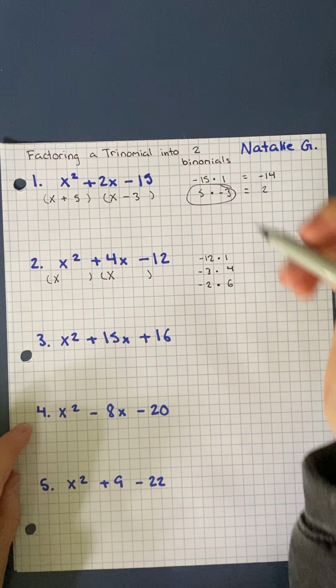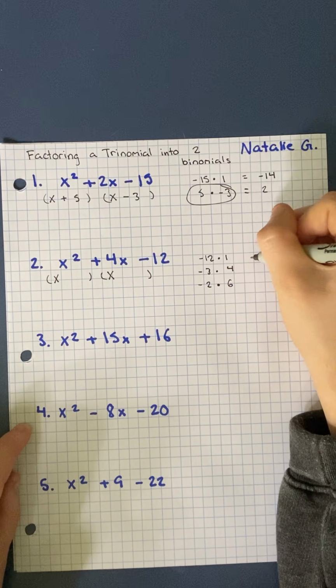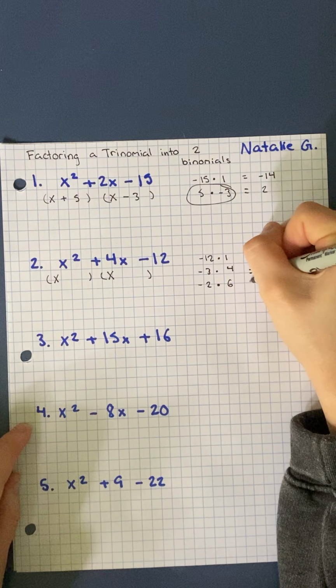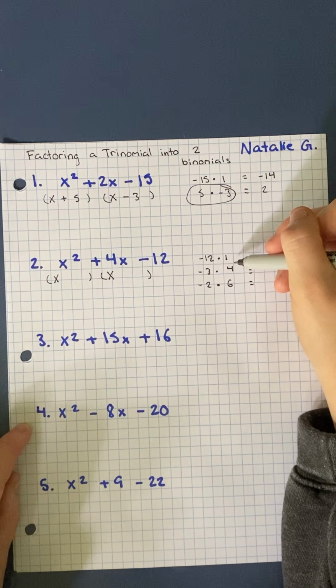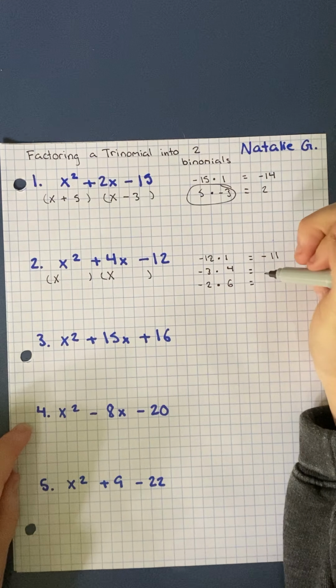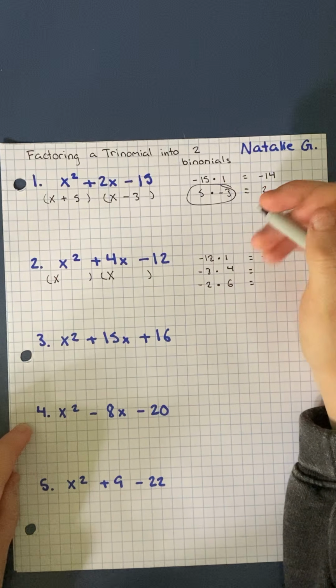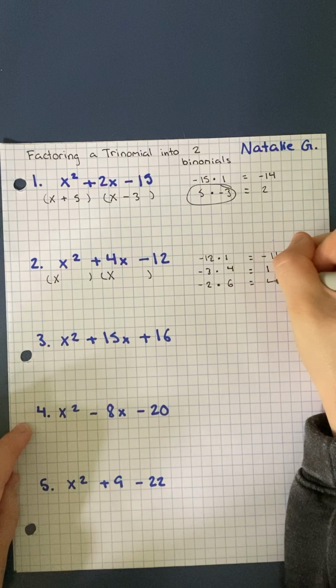After we find all the ways we can get negative 12, we're going to add up the sum of all of these numbers. So this would be negative 11, this would be 1, and this one would be 4.